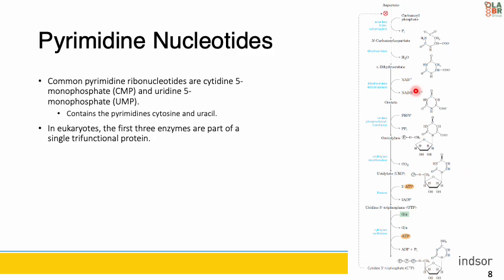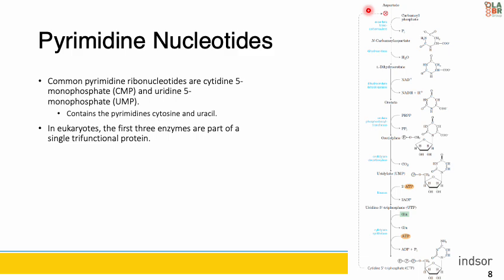In eukaryotes, the first three enzymes in this pathway happen to be carbonyl phosphate synthetase 2, which remember was in the cytosol, not in the mitochondria like carbonyl phosphate synthetase 1, then aspartate transcarbamylase, and dihydroorotase.